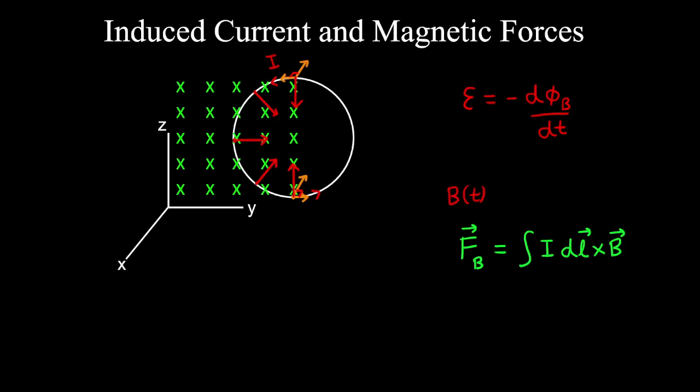So given that the magnetic force only acts on the parts of the loop that are within the magnetic field, we have the magnitude of the magnetic force is equal to the integral of the current, and dL and B are always perpendicular, so we'll have the magnitude of the magnetic field by dL.